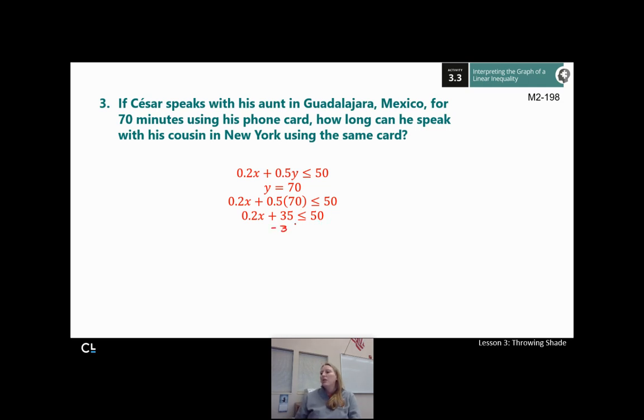And at this point, I'm going to subtract 35 on both sides. So I get 0.2x is less than or equal to 50 minus 35, which is 15. And then, of course, I will divide both sides by 0.2. And I find out that x, did I do that right? 15 divided by 0.2, there we go, is 75.